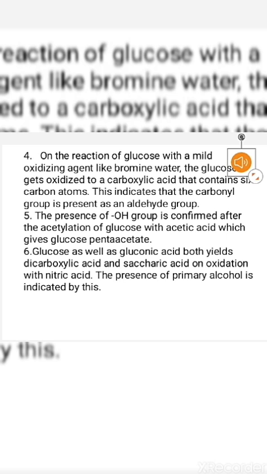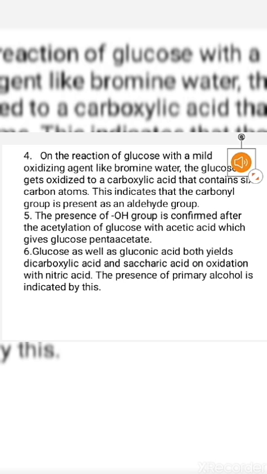When glucose is oxidized in the presence of a mild oxidizing agent, it forms gluconic acid, which has 6 carbons. It means the carbonyl group is in the form of an aldehydic functional group. When glucose is acetylated with acetic anhydride, 5 acetic acid groups are consumed and glucose pentaacetate is formed.